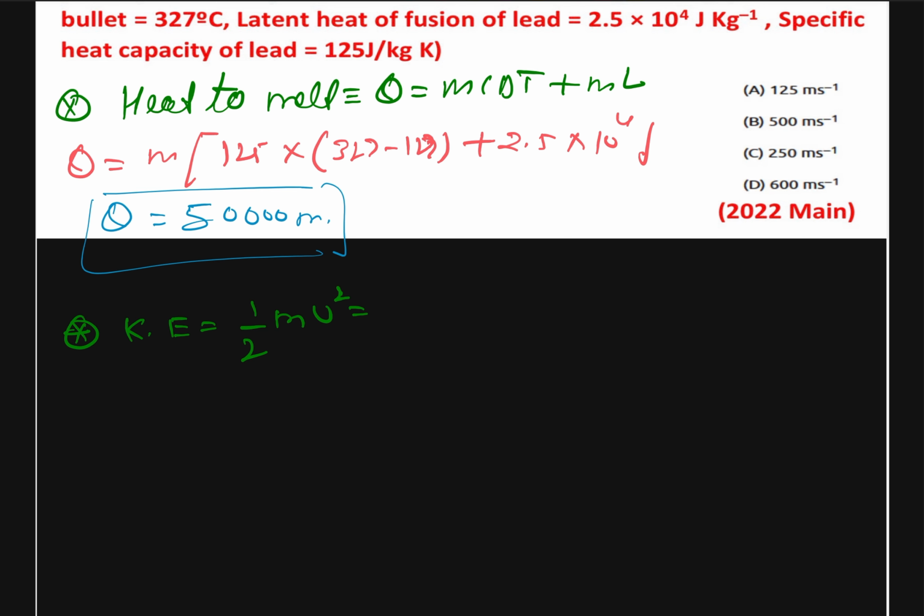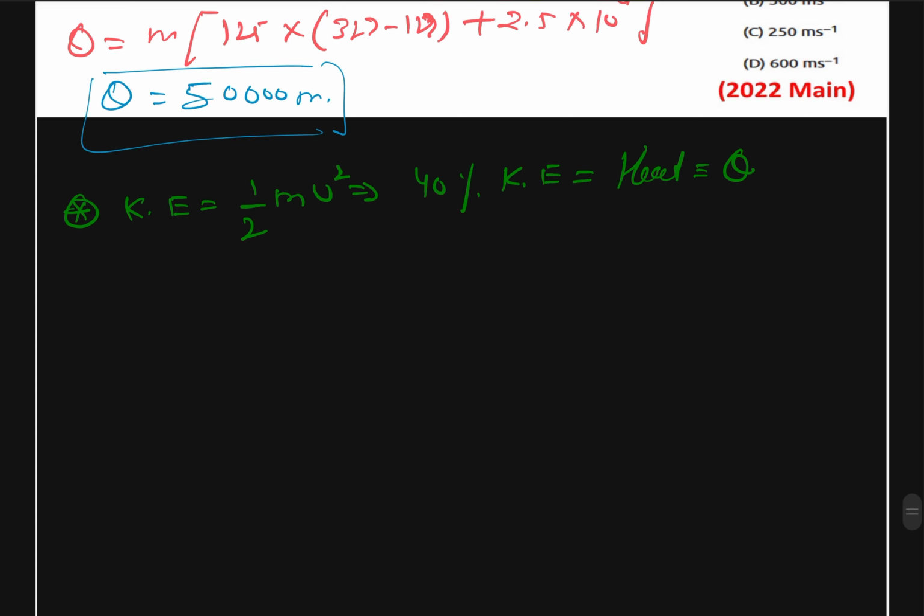According to the question, 40% of kinetic energy will be converted into heat, which in this case is Q. Therefore we can write 0.4 times half m v square equals Q, which is 50,000 times m. Here m and m cancel out, and this comes as 0.2.